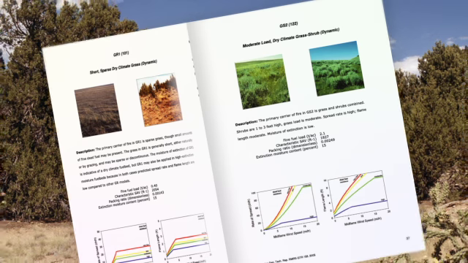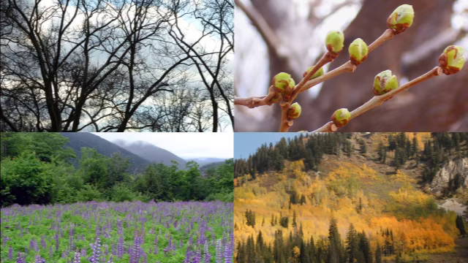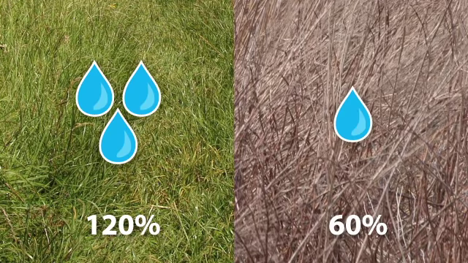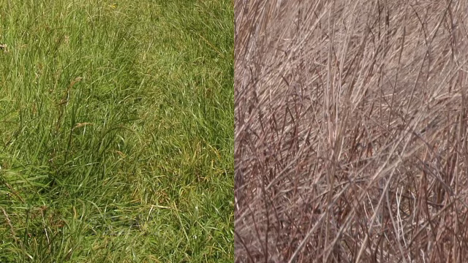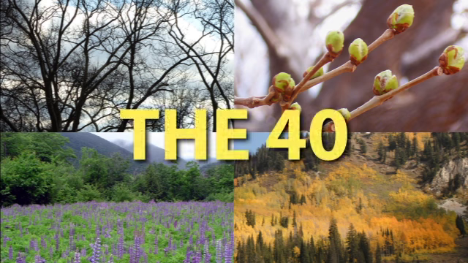There was a need to take into account fires occurring in different seasons, such as prescribed fire, as well as seasonal changes in live fuel moisture. For example, grasses with 120% fuel moisture will burn differently than grasses with only 60% fuel moisture, which is important when planning for expected fire behavior. Watch our video, Introduction to Live Fuel Moisture, for more information on this topic. The 40 fuel models can be used at any time of the year.